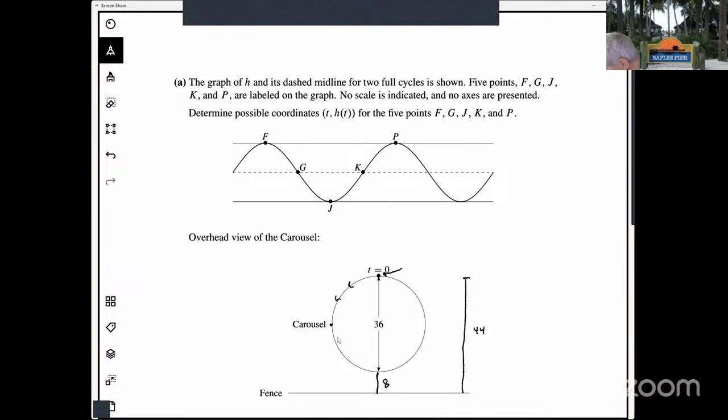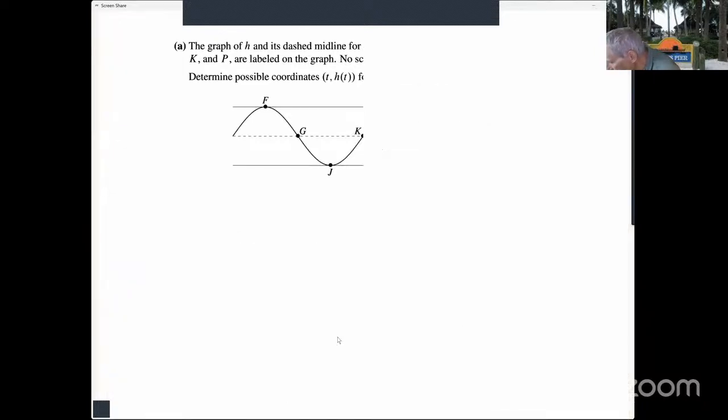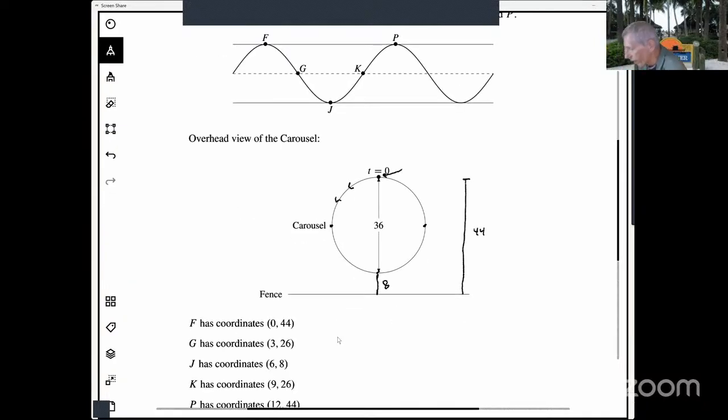And the carousel spins, and there are sort of these at least 4 important points. I want to try to figure out, well, what are those points F, G, J, K, and P? I wonder how come they're not alphabetical all the time. But anyway, what do those correspond to? Let's see if I can figure that out.